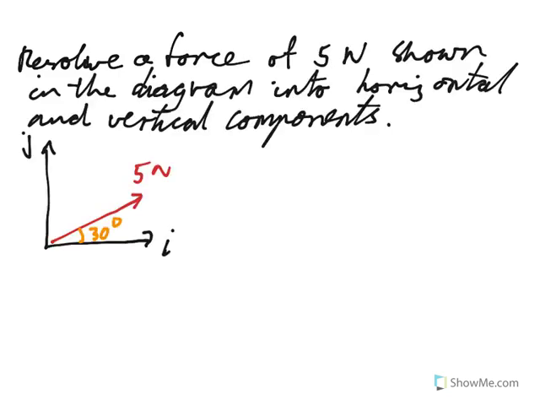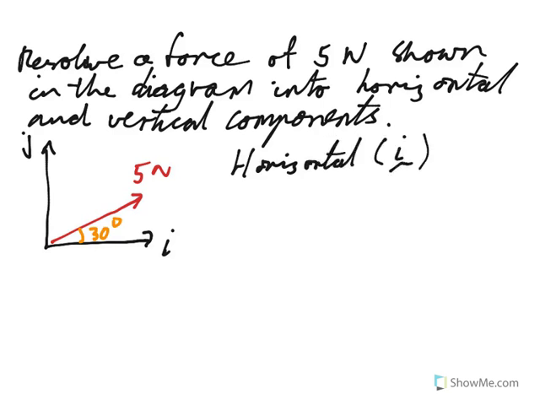Okay, so there it is. So horizontal and vertical components, basically we're talking about i and j components, aren't we? So our horizontal, which is our i component.